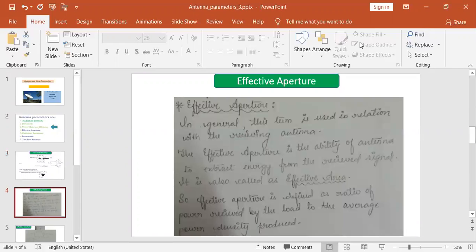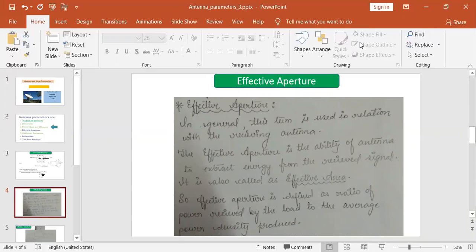Next, we'll calculate the effective aperture. In general, this term is used in relation with the receiving antenna. The effective aperture is the ability of an antenna to extract energy from the received signal. It is also called the effective area.